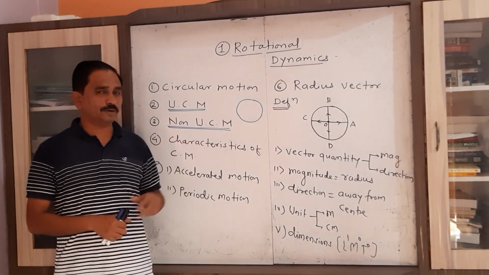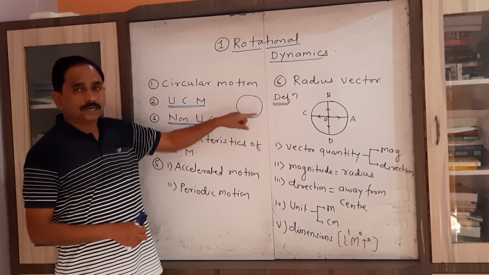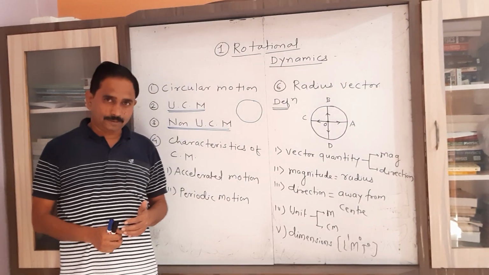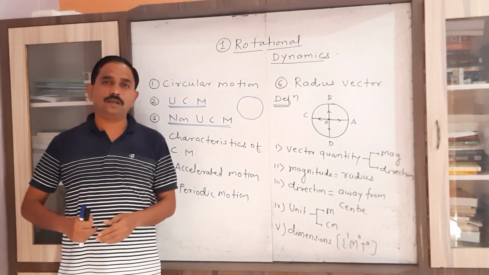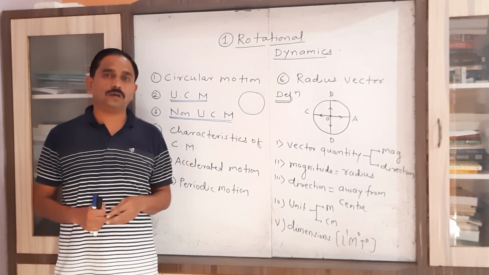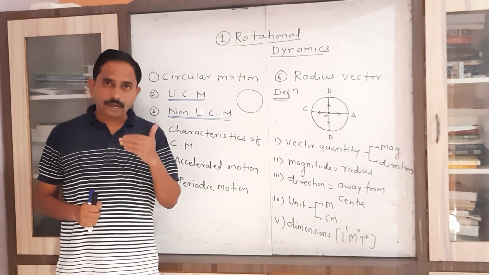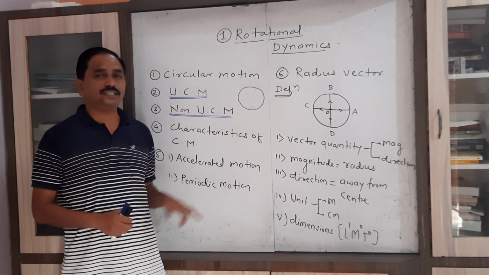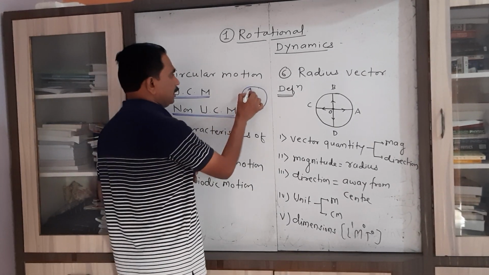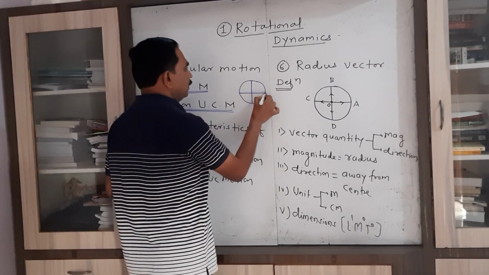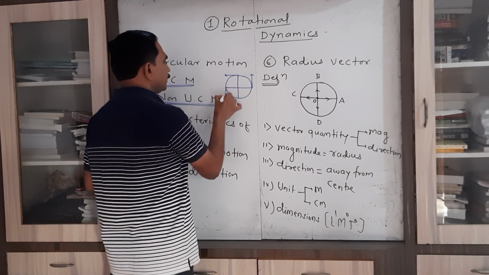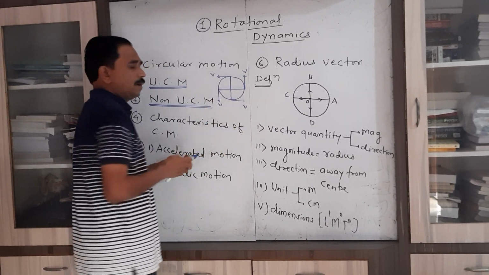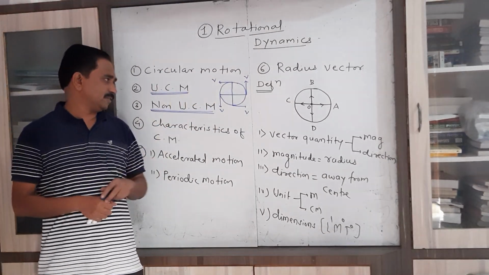In uniform circular motion, any object performs circular motion with constant linear speed, angular speed and angular velocity. Only the linear velocity of that object changes because of the changing direction of velocity. Because when the object moves from one position to another, the direction of velocity changes continuously.